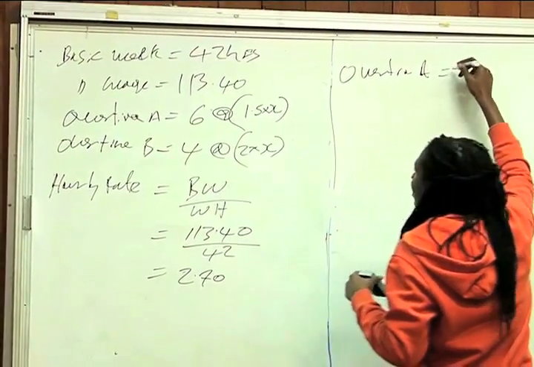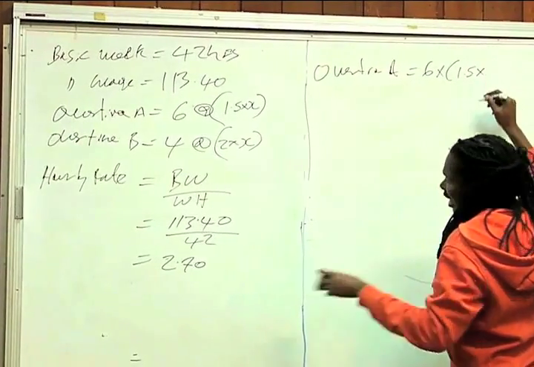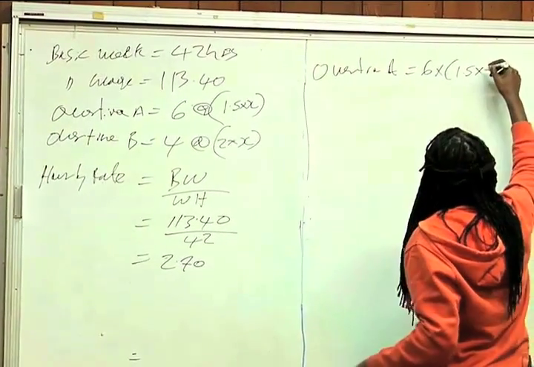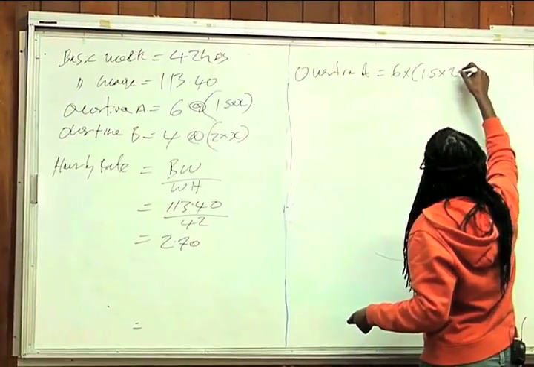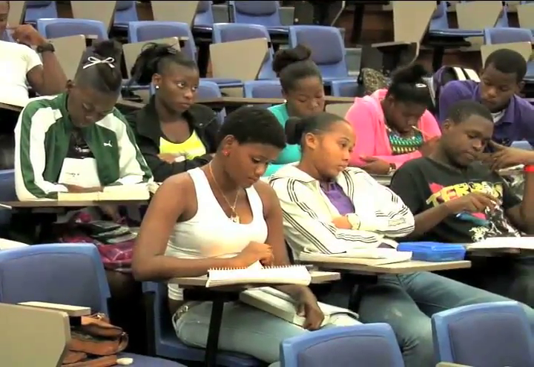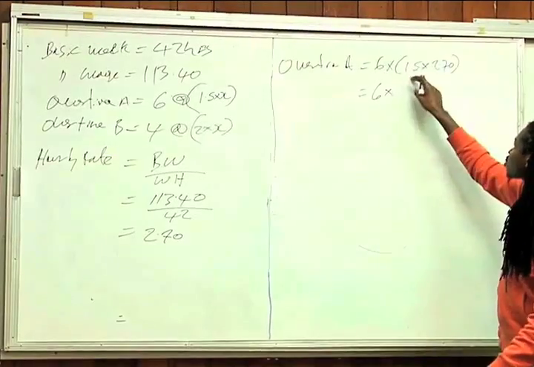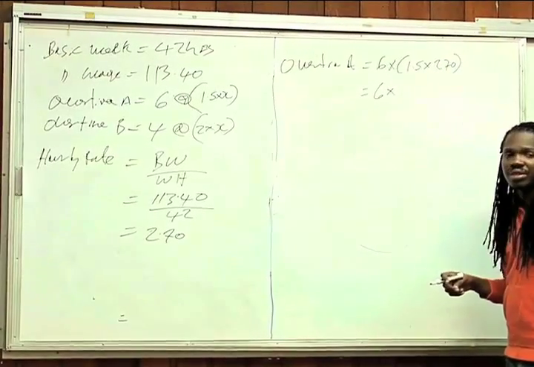Overtime A is equal to 6 times bracket 1.5 times the hourly rate. Write this first: 1.5 times 2.70.